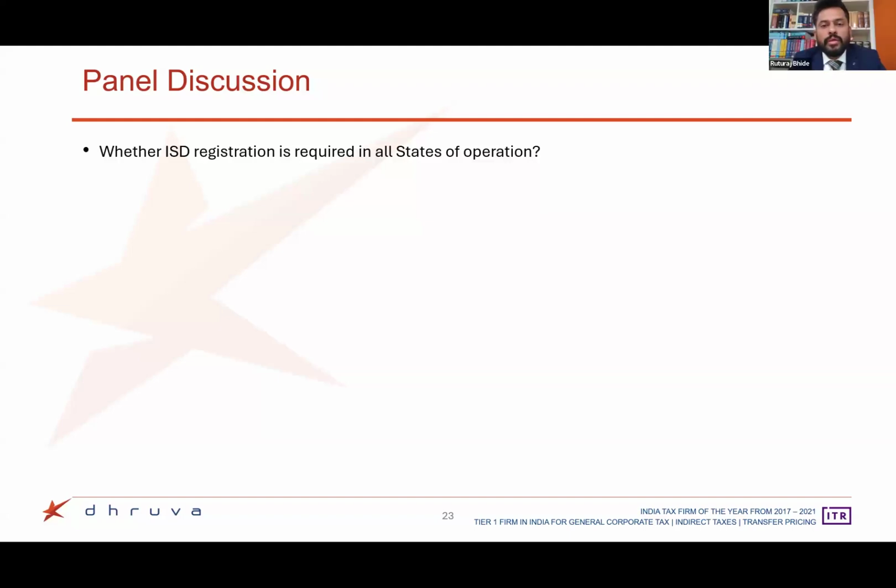Right. So I think basically what we're saying is that just because I have X number of registrations in X number of states doesn't mean I obtain so many ISD registrations. The optimal number of ISD registrations will depend on my particular procurement mix, and I have to typically go for the optimal number of ISD registrations. Right. All right. Okay.